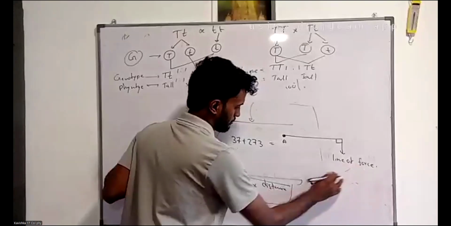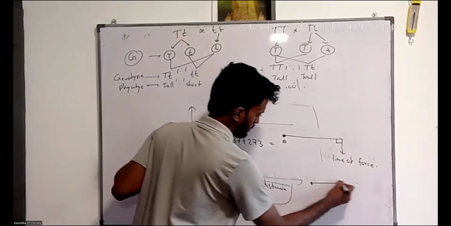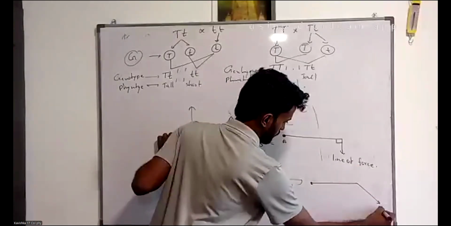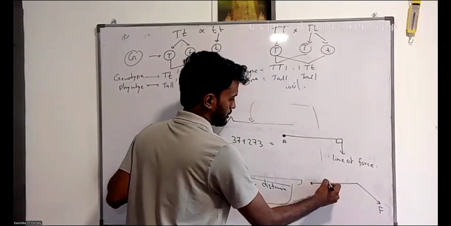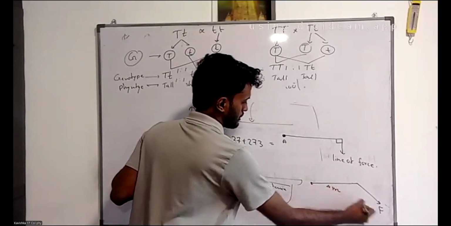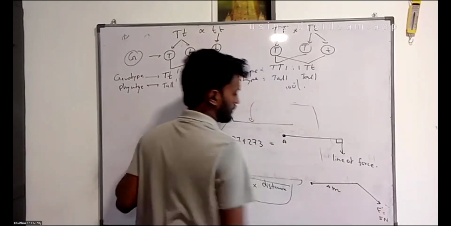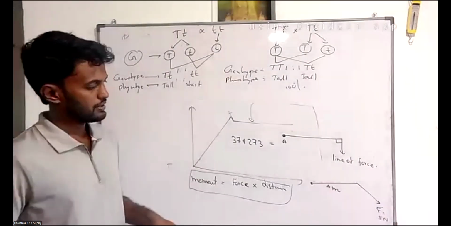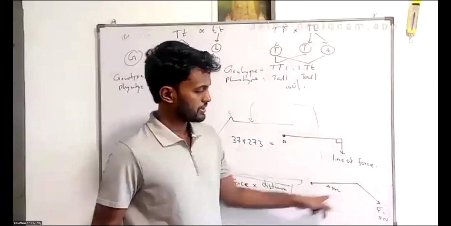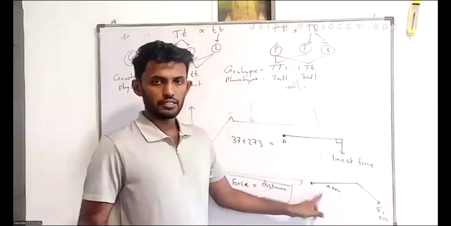Think like when we are given a force F, right? The distance is 4 meters and the force is 5 Newton here. Then what happened? Can we take this length? No, right?